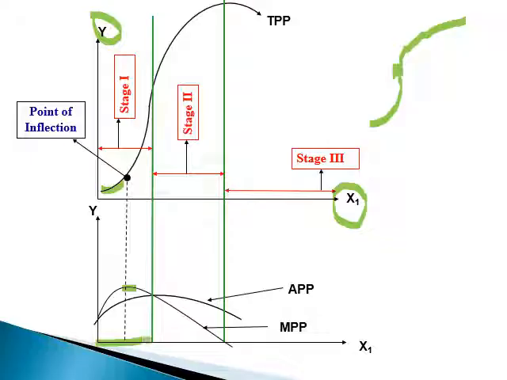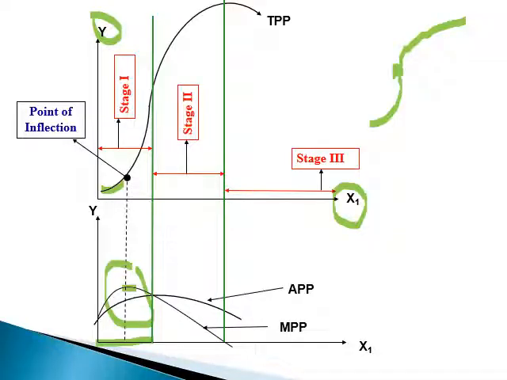No thinking. Why is there no thinking? Because output keeps increasing at an increasing rate here, and then increases at a decreasing rate till you reach this point. The reason this part is in stage 1, despite the fact that after the inflection point output starts to increase at a decreasing rate, is because the marginal physical product of the variable input is above the average physical product.